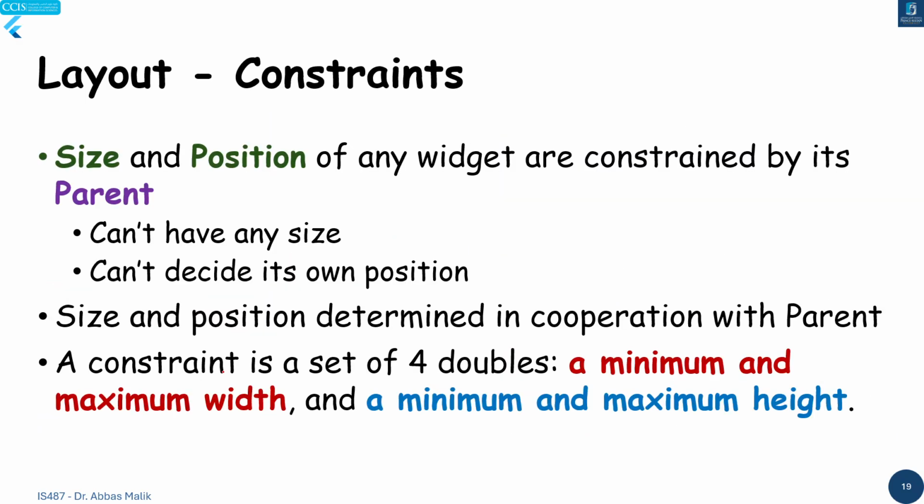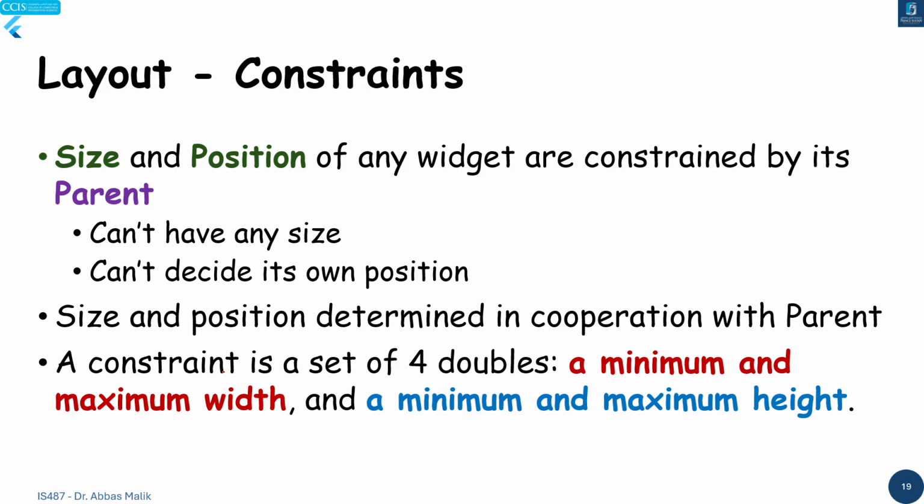So for layout constraints, the size and position of any widget are constrained by its parent. Whenever the child wants to have its position and size, it will ask the parent how it should be. For example, in the scaffold, we have the AppBar. The AppBar will ask the scaffold, okay, what will be my size and where will be my position? So the child and the parent coordinate with each other.